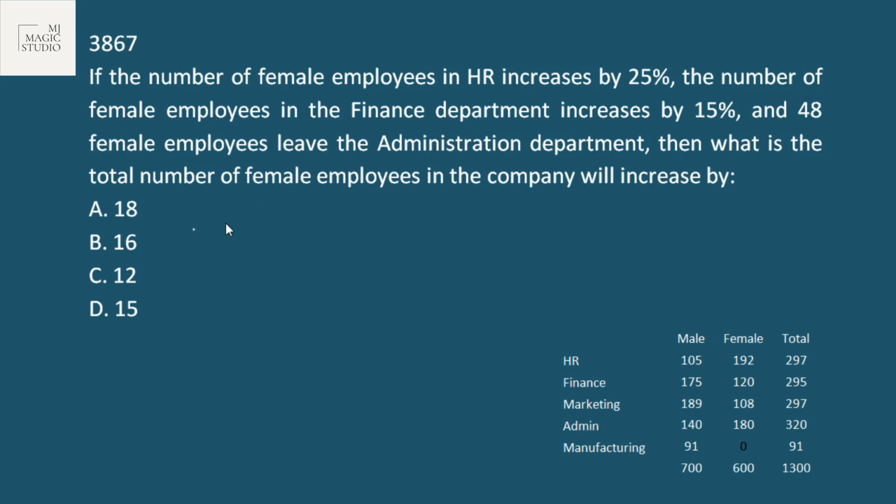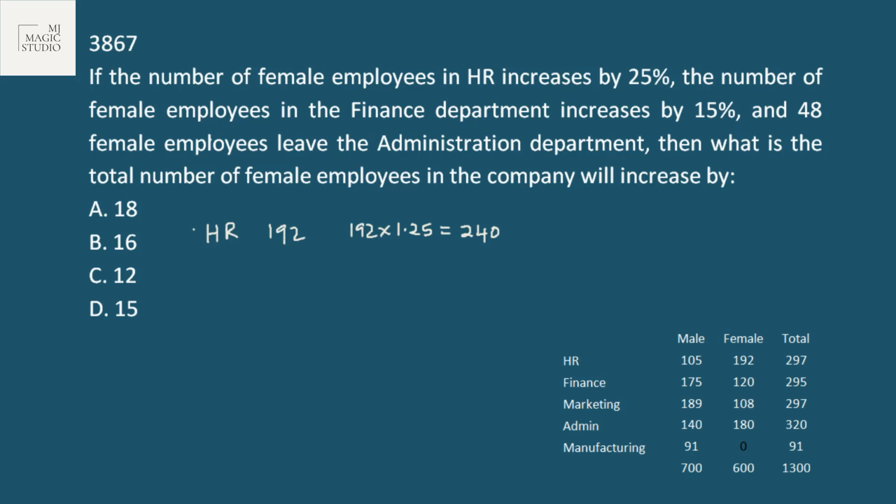Okay, the third continuing question on that particular caselet. If the number of female employees in HR increases by 25%, HR 192, now it will become 192 into 1.25. That would be 240.